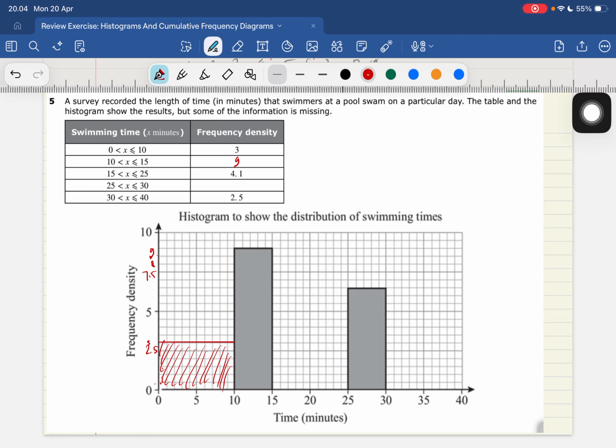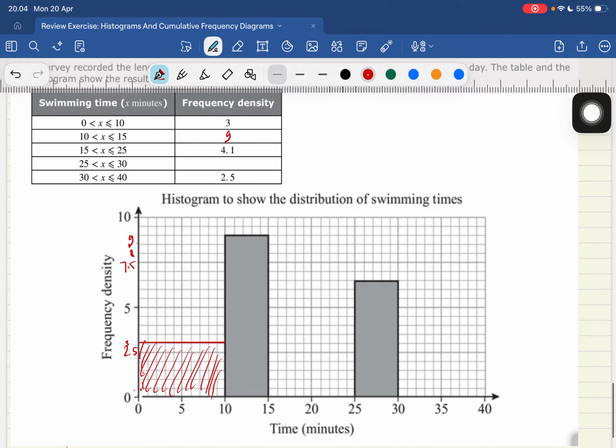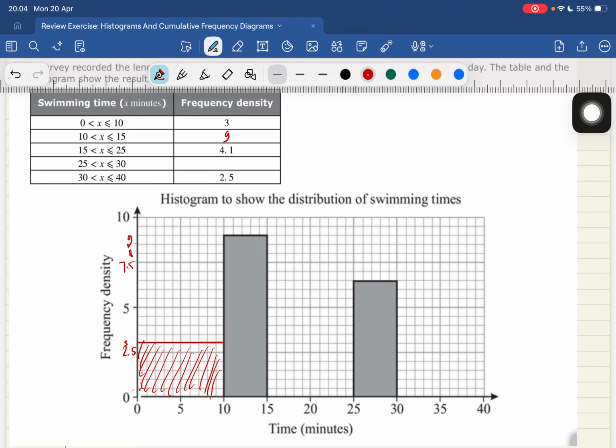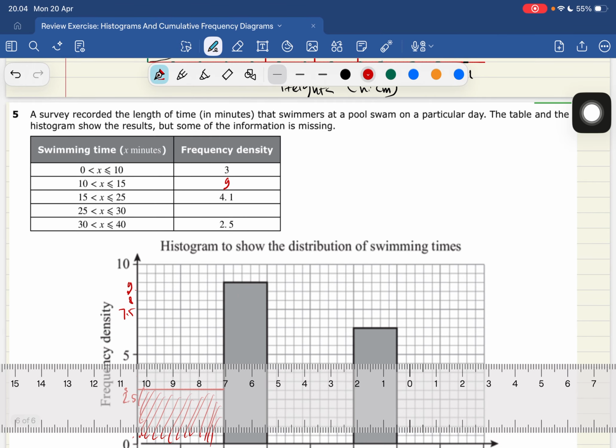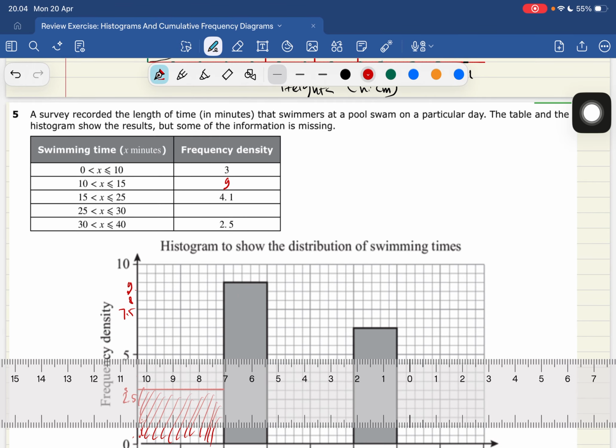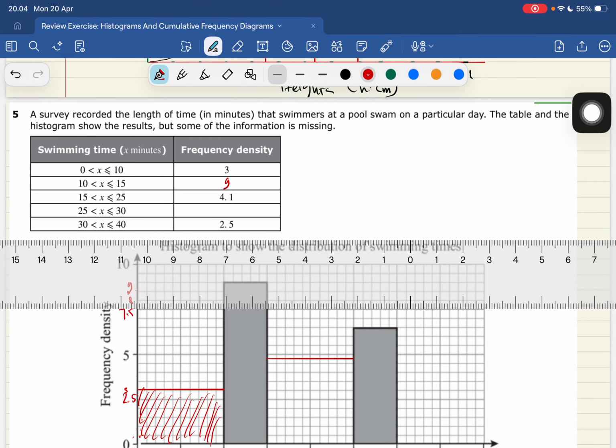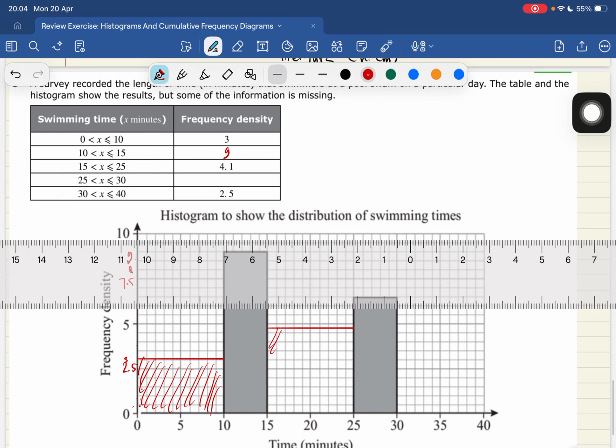Okay, here's 15 to 25 equal to 4. So it's 2.5, 3, 3.5, and then 4. However, we need 4.5. So here is 4.5. Okay, you can draw it.